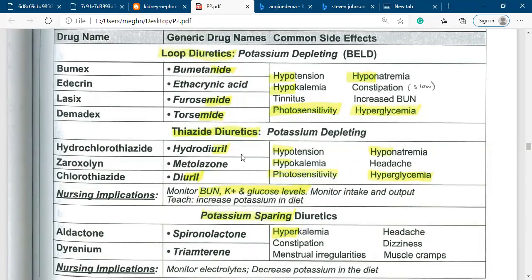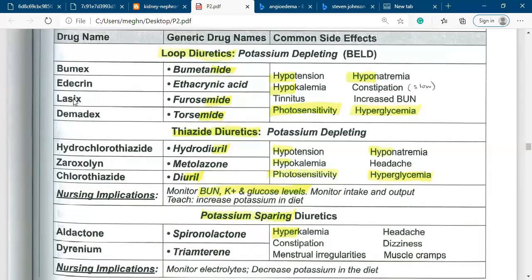So what are the other side effects? Loop diuretics, as I told you, the examples are furosemide, torsemide, bumetanide. Easy to remember: furosemide, torsemide, bumetanide, and ethacrynic acid. Furosemide, the other most common name you know, is Lasix.